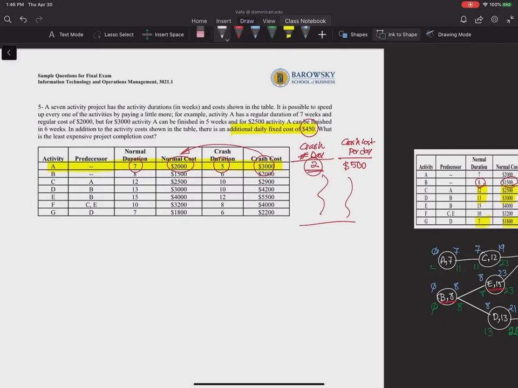Solving it is going to be as easy as solving the whole network. Be careful about these crash costs and normal costs. Make sure to subtract them and find the crash cost per day or per week, per unit of time.